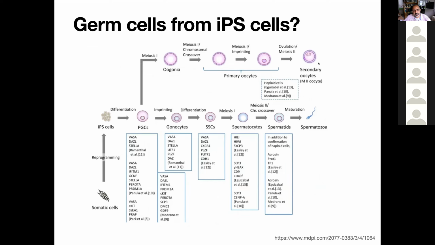And so this gets us into almost science fiction, where we start thinking that perhaps at some point it may be very easy to take someone's skin or someone's blood, and from there, can we make an offspring of this person just by differentiating sperm and oocytes and recombining them and fertilizing them?